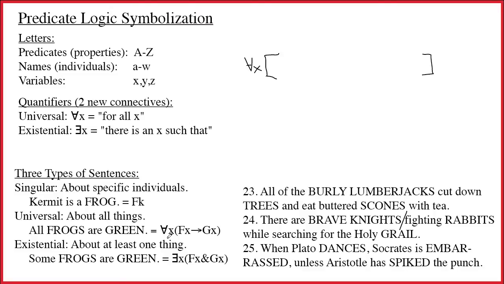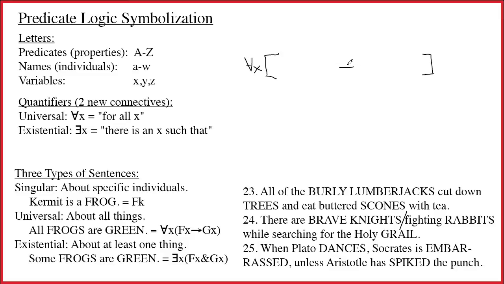Now, what I'm going to suggest is that as soon as you recognize you have a universal, you set up this framework in which to do your symbolization. Universals work a bit like tildes. They sit outside the parentheses to become the main connective for the whole thing. I'm going to suggest that you use brackets when you have longer sentences so that you visually see the structure more clearly.